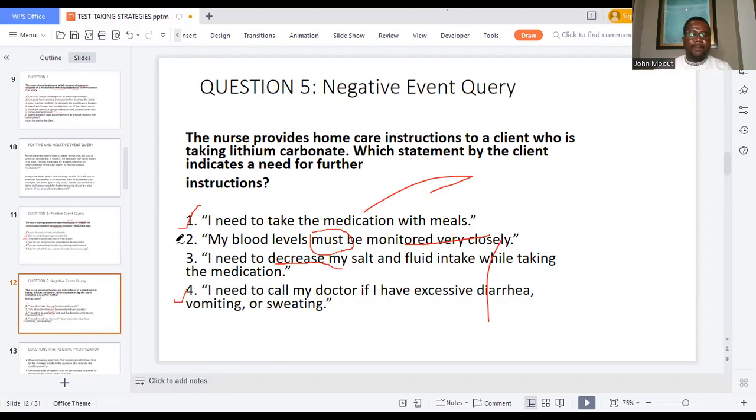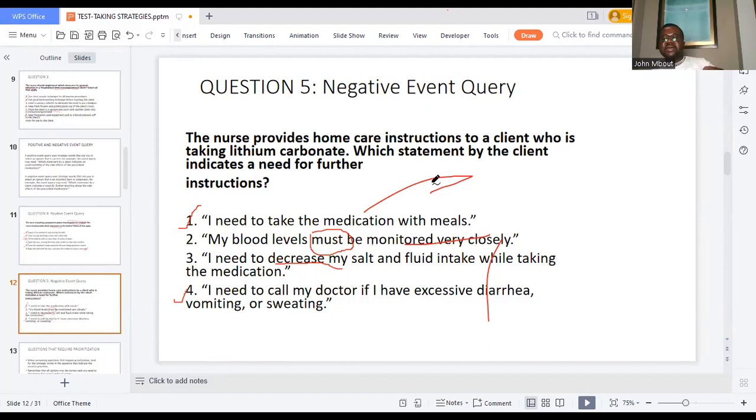Now, here it says decrease. When a patient is on lithium, lithium depletes sodium. So the patient has to maintain a certain amount of sodium. The patient will not need to decrease, the patient will have to maintain sodium and increase fluid. So this statement is wrong.